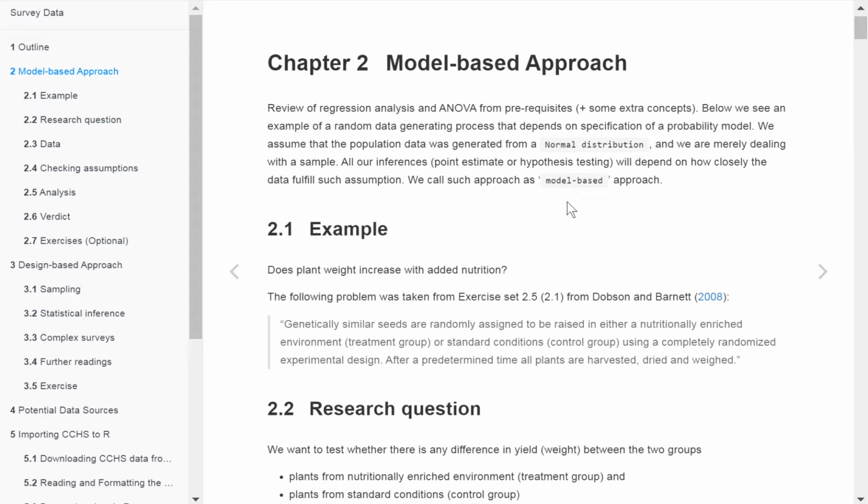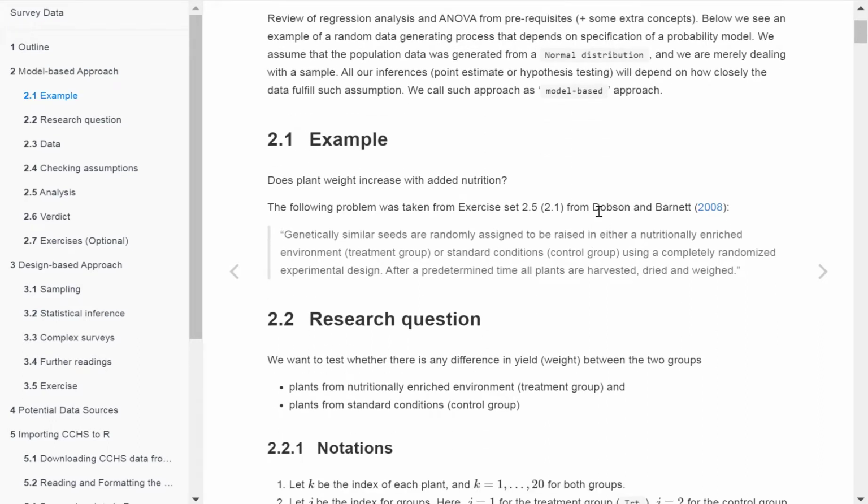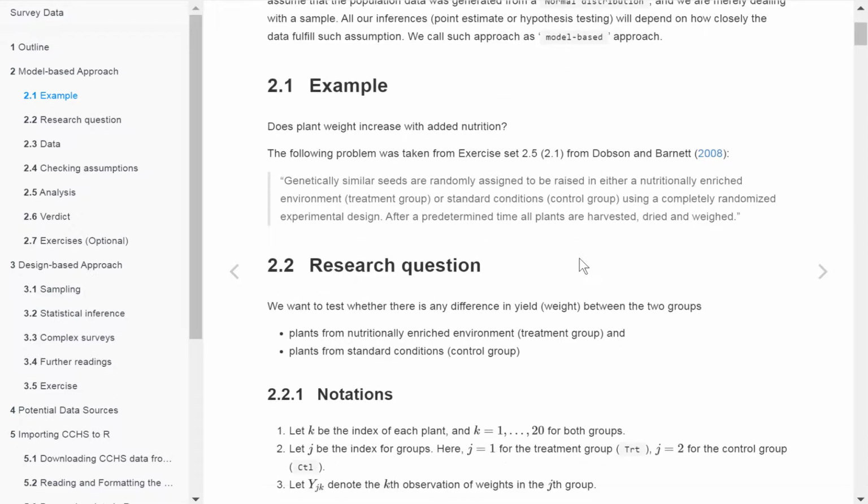So all of these methods that you have dealt with in your SPPH 400 and 500 are based on this model based approach. Here is an example that I have incorporated from a very popular textbook, and in this particular example what they are dealing with is two different samples.